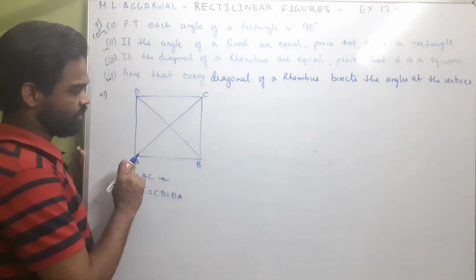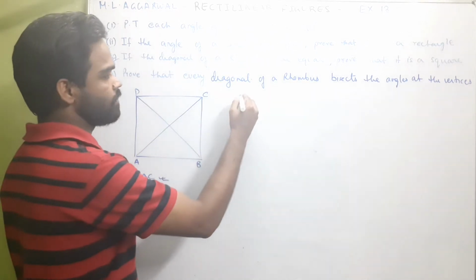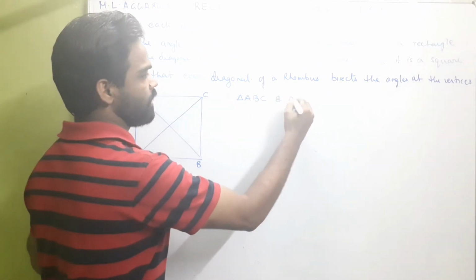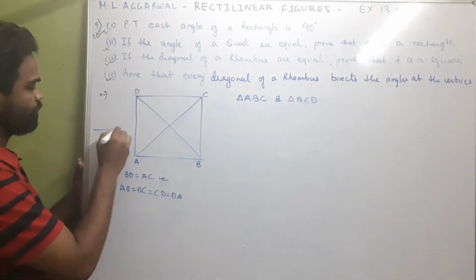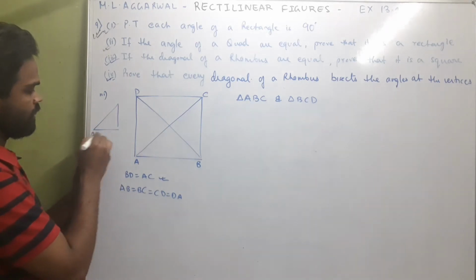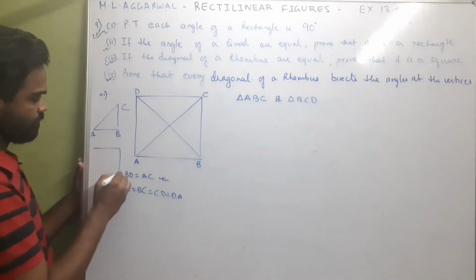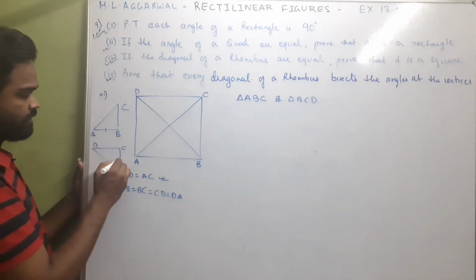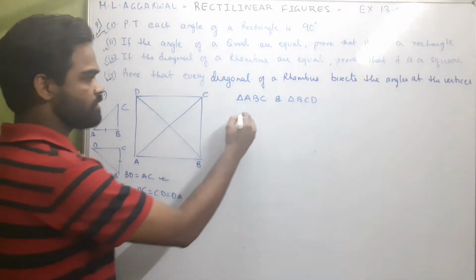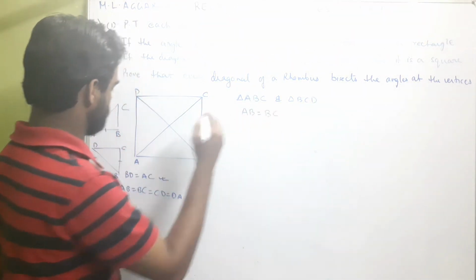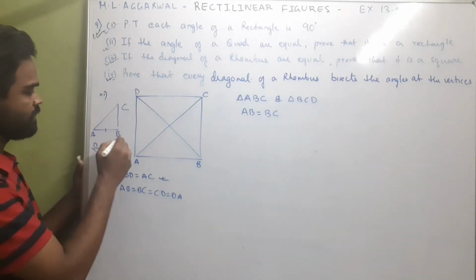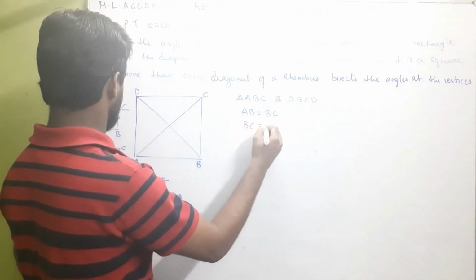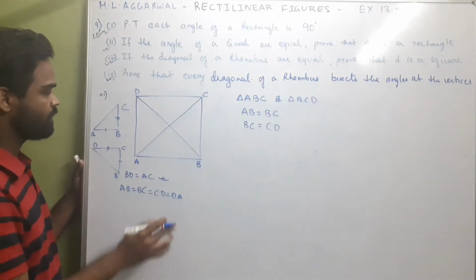Look, take triangle ABC and triangle BCD. I'm drawing over here. First of all, AB is equal to BC, sides of the rhombus. Then BC is equal to CD, again sides of the rhombus. Am I clear?